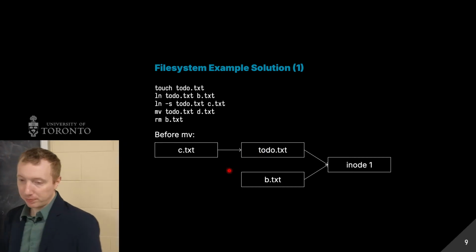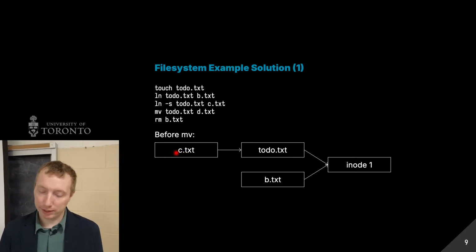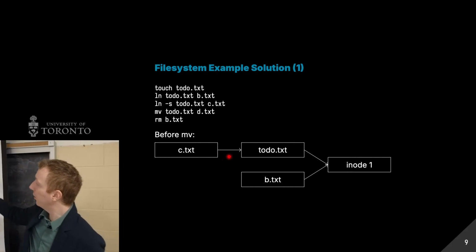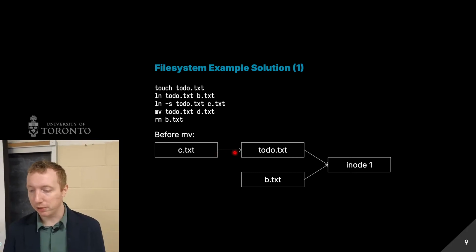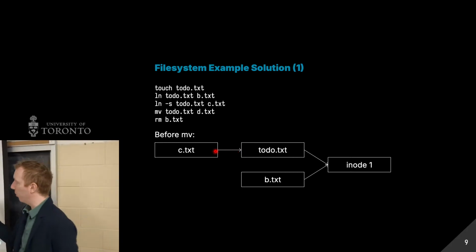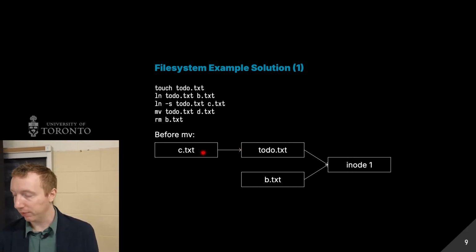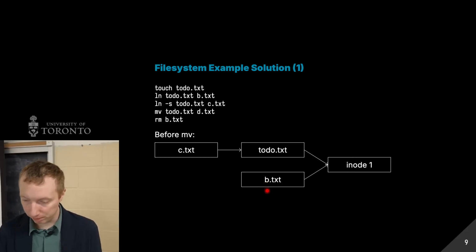Again, this is more of a way to visualize it, because there's actually an inode in between here: the contents of c.txt, which are todo.txt, are stored on an inode. But we don't really care about that for understanding. Just draw a soft link as a name to a name, and a hard link as a name to an inode.